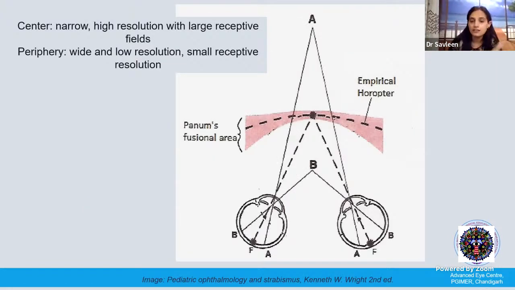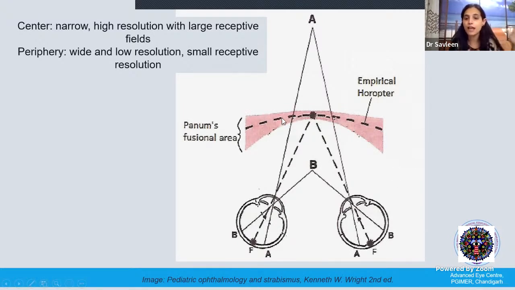Now, if we talk about this in visual space, this Panum's fusional area in the center is narrow because the foveae are being stimulated, so it is high resolution with smaller receptive fields, and as we go towards our periphery, this area becomes wider and has lesser resolution and larger receptive fields.